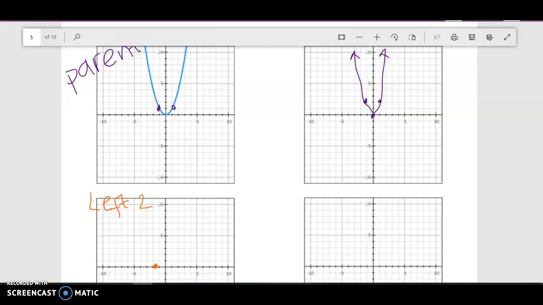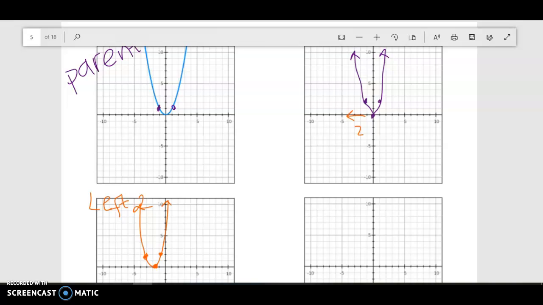All right, and then I have up 2 over 1, and to the left 1, and up 2. Okay, so this is the same quadratic that I have here, but I've just shifted my vertex 2 units to the left. All right, 2 units left.